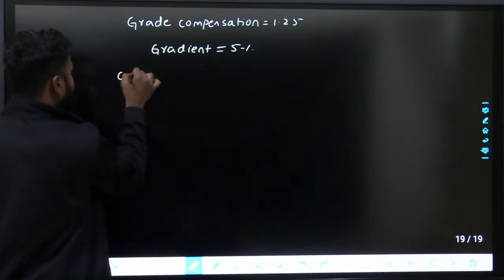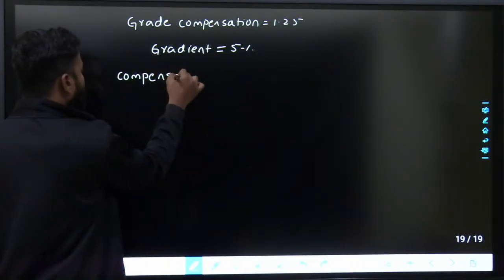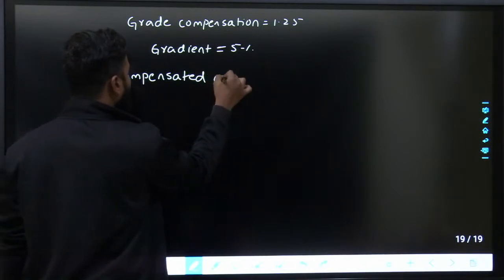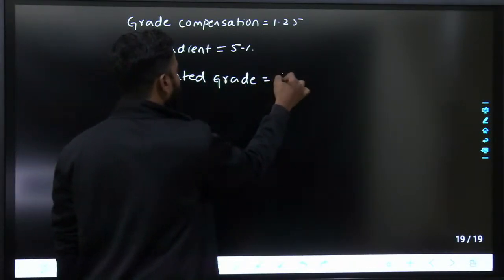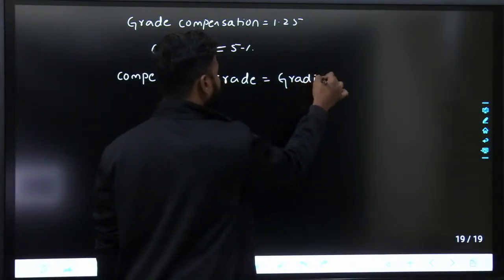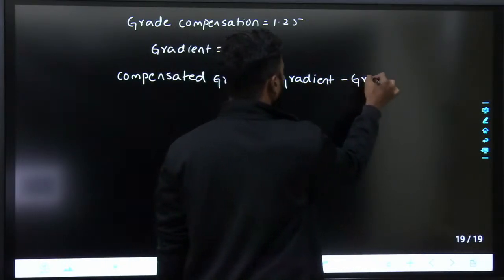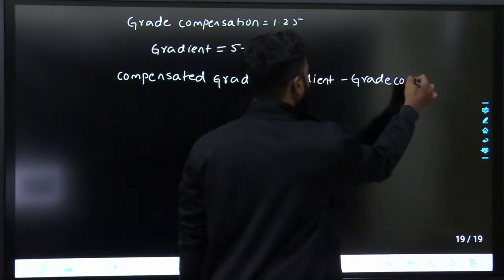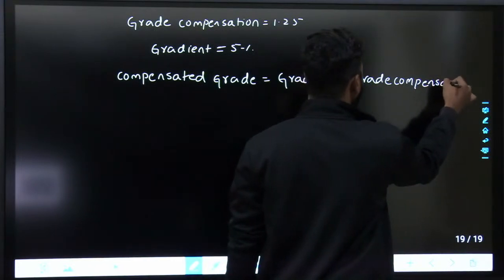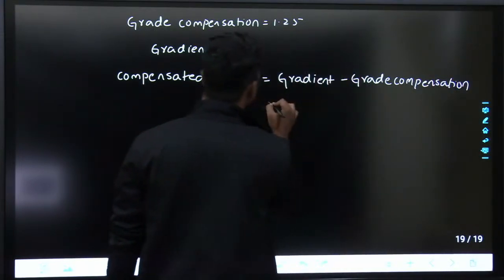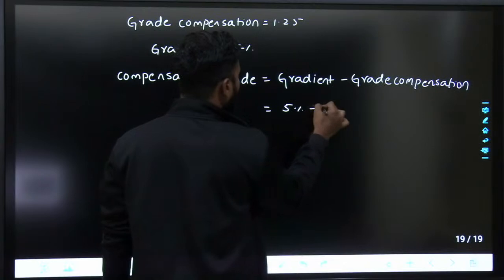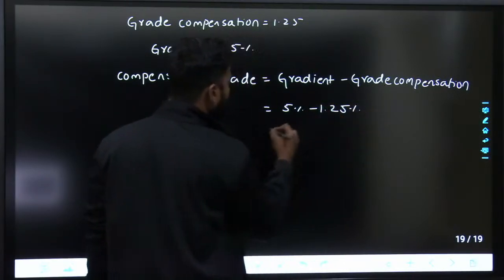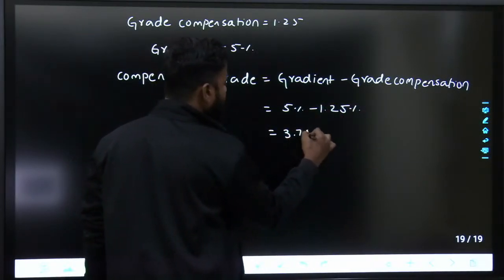From this, compensated grade equals gradient minus grade compensation. So what is the gradient? 5% minus 1.25%. So 3.75%, you said.